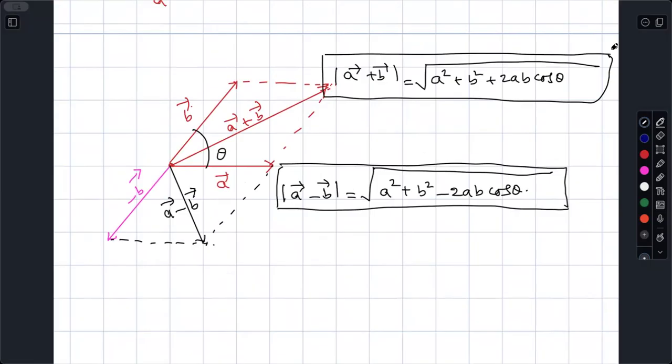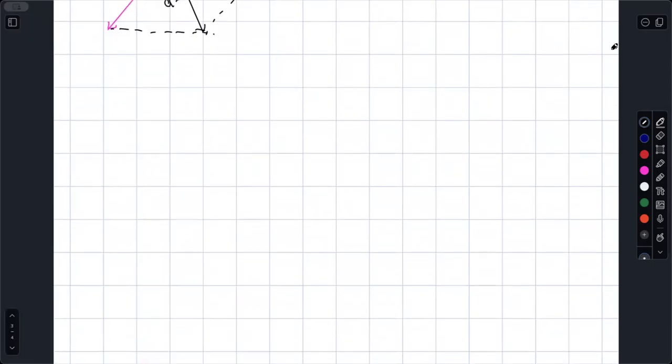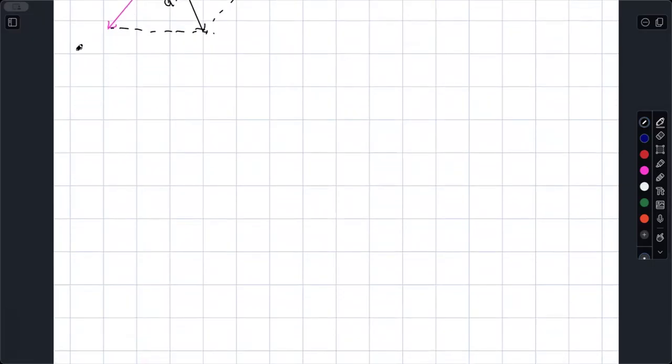Next. So sum and difference I have done. Now products. Remember, all these are basics, in the sense, the brush up part which I am doing for my upcoming classes. Now dot product or scalar product.